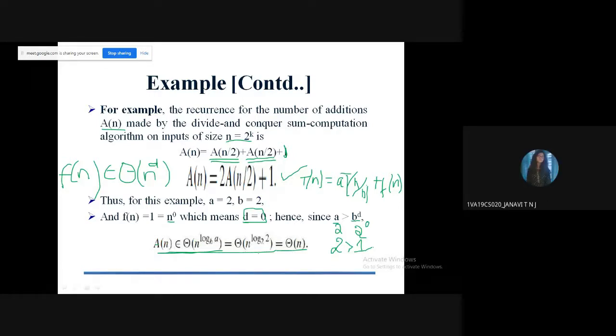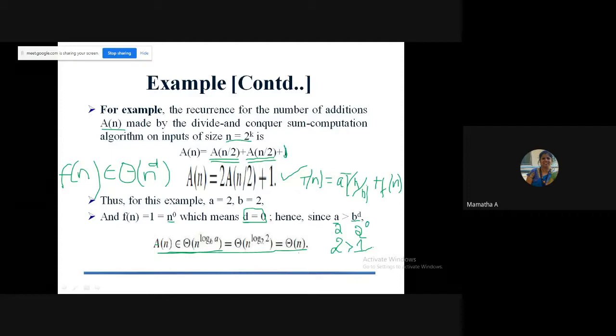Linear. Remember, students, master theorem will just give you the order of growth, but how many additions are made, it did not tell you. It could be n, n minus 1, n minus 2, whatever it is. It did not give me the number of additions made, but the order of growth.